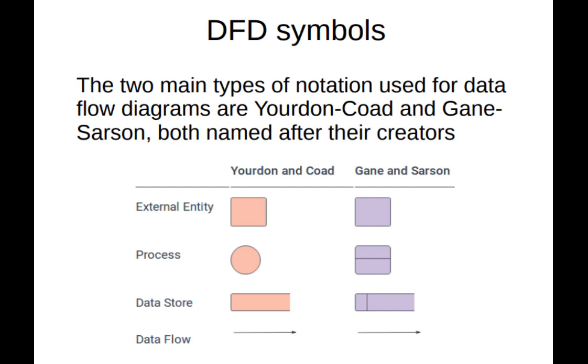Both sets of symbols are shown here, and the meaning of these symbols, such as entity, process, data store, that is database or file, and then data flow notations, are all shown in this slide.